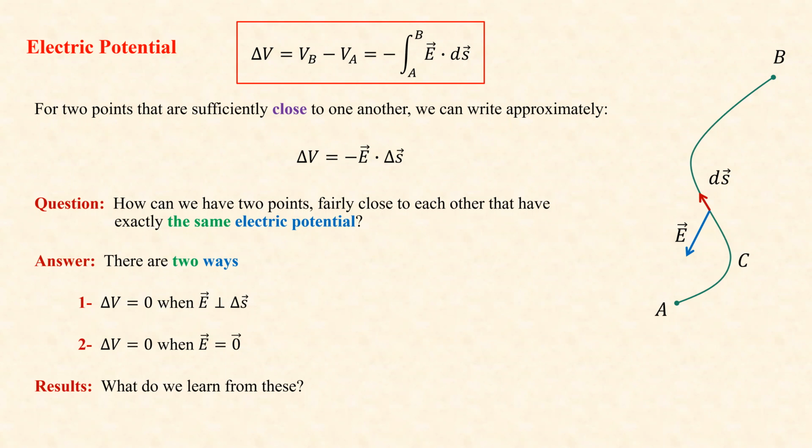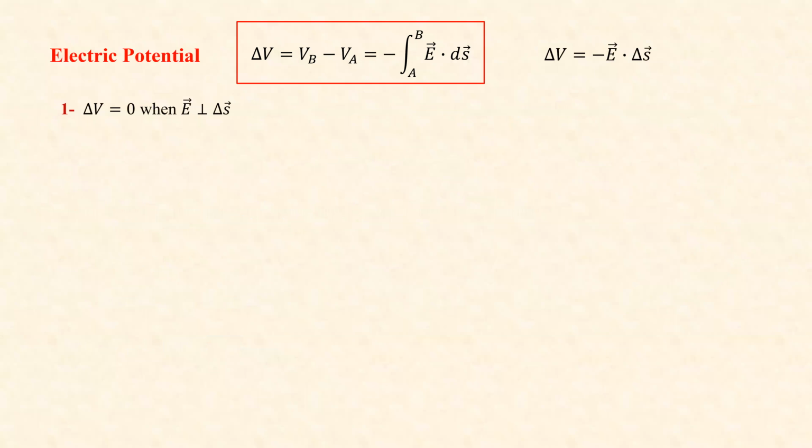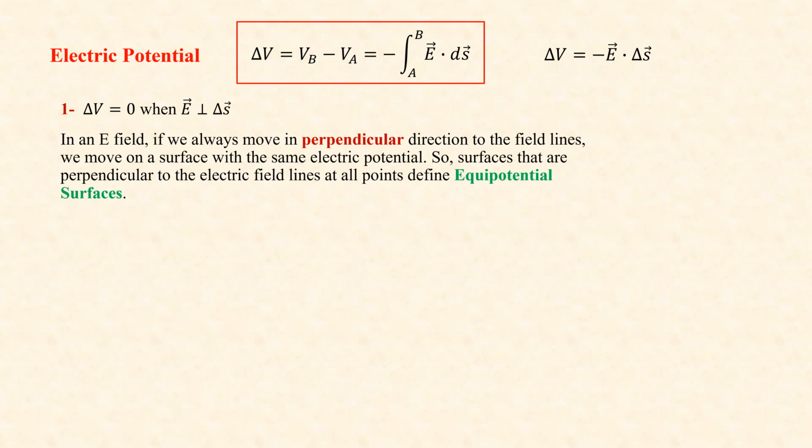So what do we get from this? So when E is perpendicular to delta S, so what happens if you go perpendicular to delta S? In an E field that is not 0, if we always move perpendicular direction to the field lines, we move on a surface with the same electric potential, like horizontal surfaces in gravitational field.